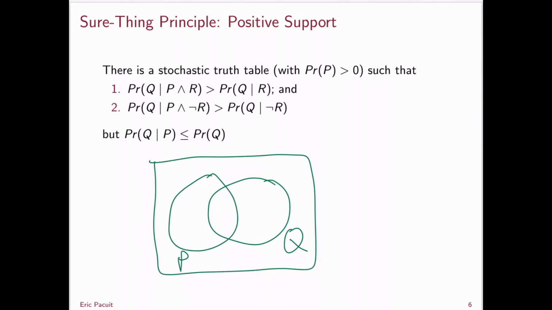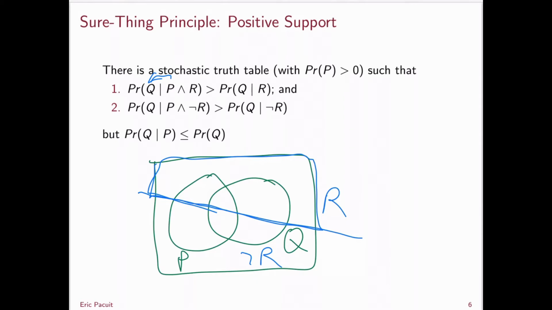Well, one way that we can do this is we can consider this other event R, and we can divide the space into the R region and the not R region. And then we can ask, is it the case that P is positively relevant to Q given R? If we restrict attention to the R region, is it the case that P is positively relevant to Q? Does it raise the probability of Q?